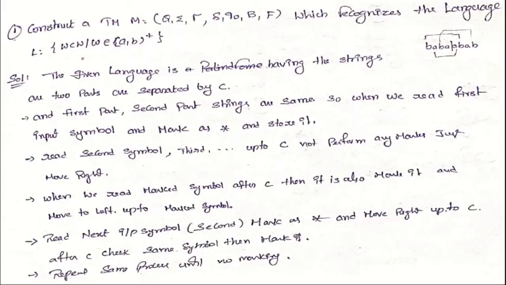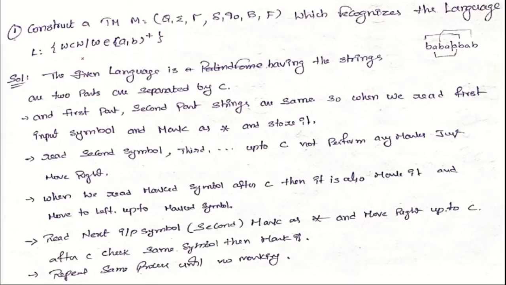We repeat the same process. Finally, if all symbols in the second part of the string are marked, the string is accepted by the Turing machine. If any symbol is not marked, the string is not accepted by the Turing machine. This is the procedure to develop the Turing machine for the given language.